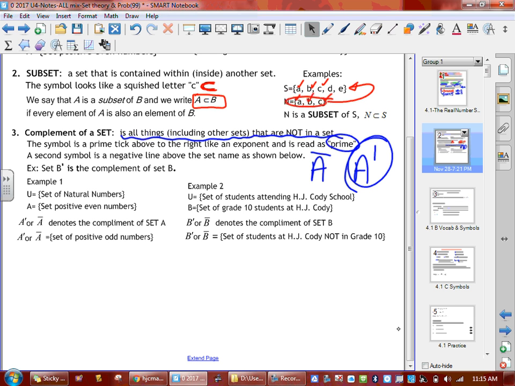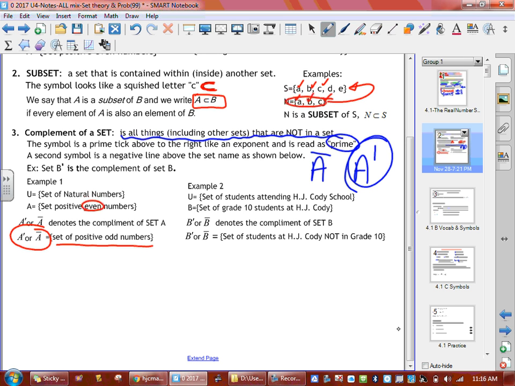What could be a complement to the positive even numbers? Positive odd numbers, and that's exactly what they've got written here, as the complement says positive odd numbers. Odd is everything that even is not. Okay? So that's another way to state the complement. It is everything your set is not.